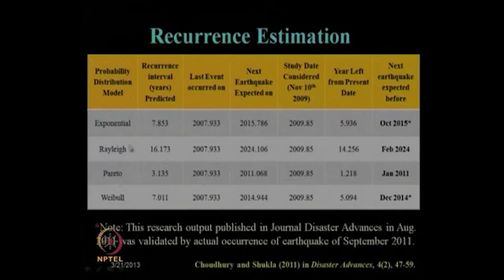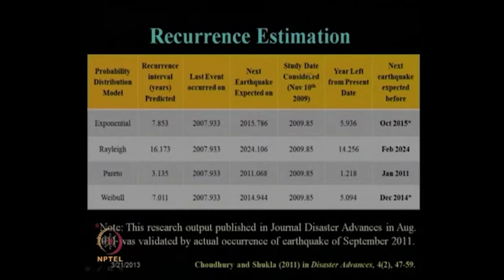The last event occurred on 6th of November 2007, which comes out to be 2007.933 on the year scale. So, the next expected earthquake will be this value plus your predicted value, which you can add up, and you will get in year units the next expected earthquake. Fine.